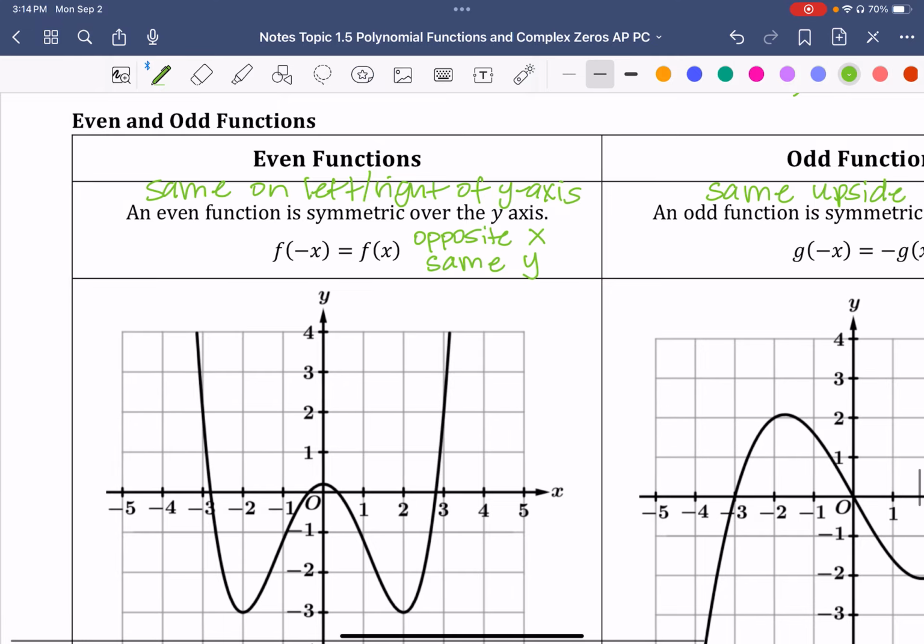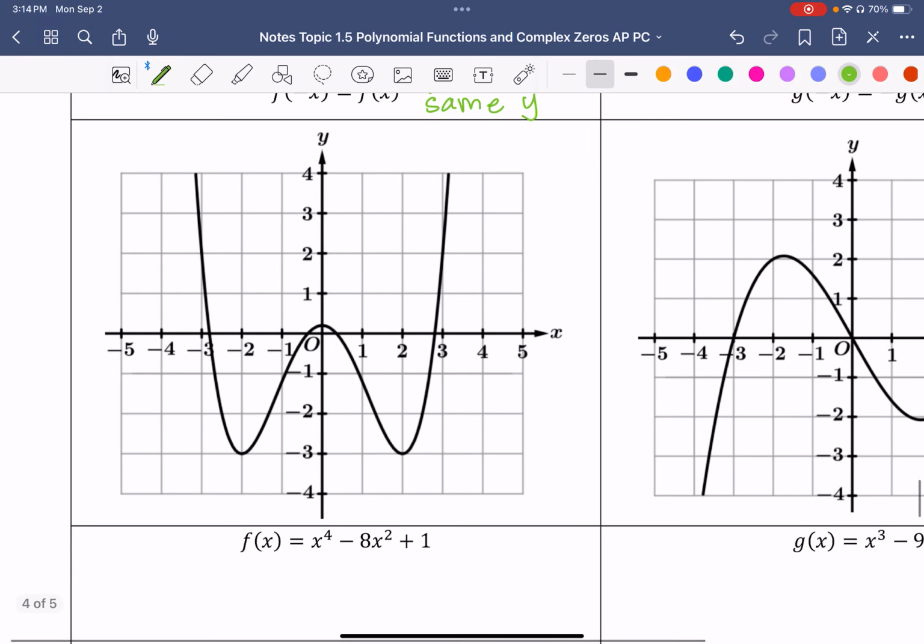Okay, so when you're looking at a graph, I would recommend looking at where x equals -1 and +1. Okay, so at x equals -1, now this is not exact, but it's an approximation. We have -1 and +1. Okay, and when I look at x equals +1, I have +1 and -1.